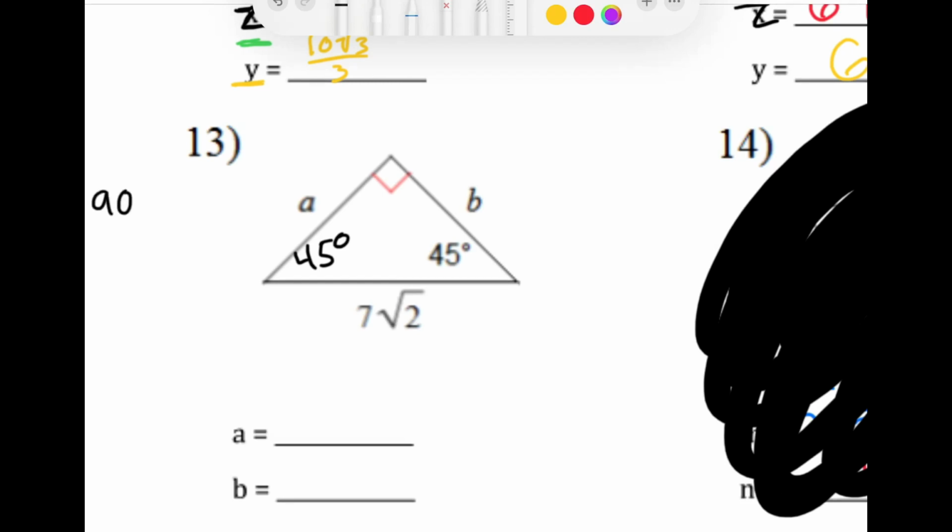So we would have 90 degrees plus 45 degrees, which equals 135. And then we would do 180 subtract 135, which would give us 45, that last angle that I just put down.